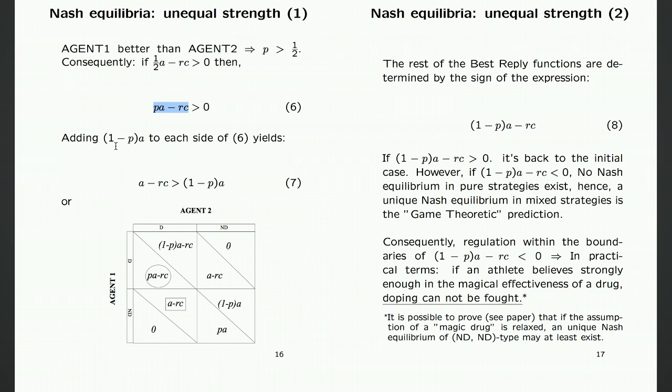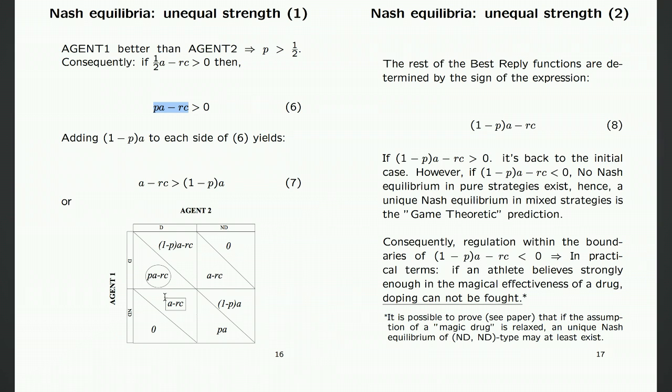Now if you just add 1 minus P times A on each side of 6, we get this concept, and then we see that we get an opportunity to fix two of the best replies. PA minus RC is now bigger than 0, so we get a circle around this. This is the best reply for agent 1, given the situation.